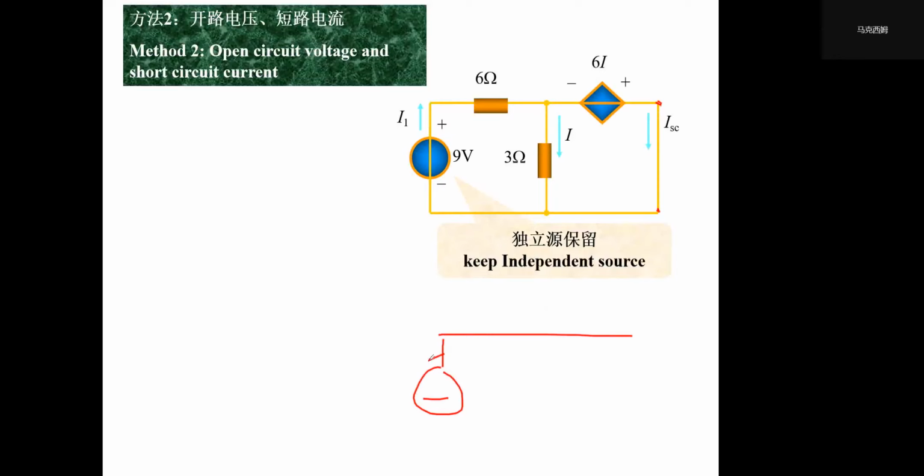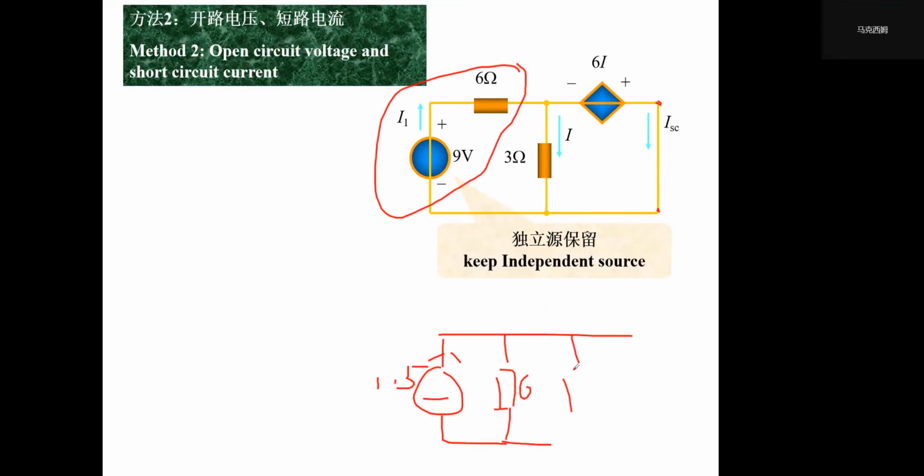We can transform it here: 9/6 is 1.5, and we have a 6 ohm resistor. So those two we could transform into this one, and we have this one, a 3 ohm resistor. Right, and this one is I, right? This one definitely is 0.5 I.